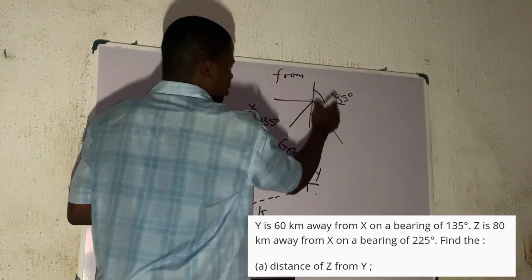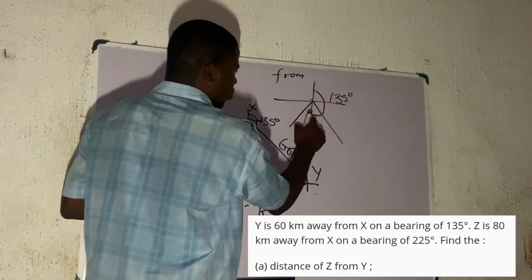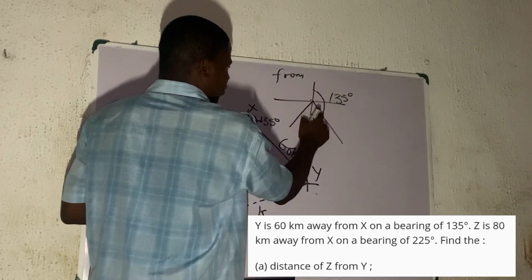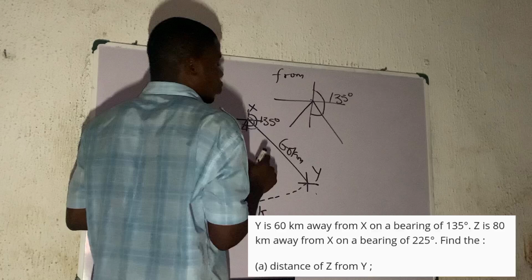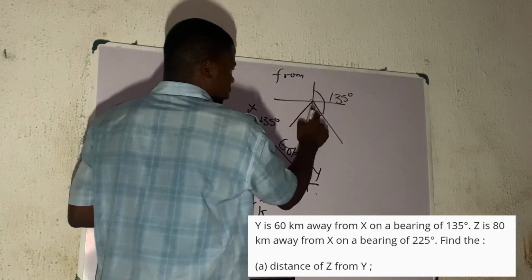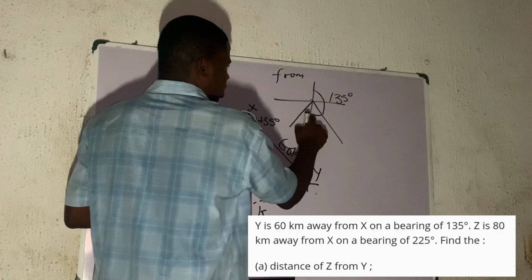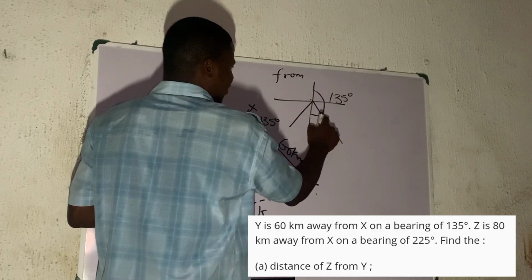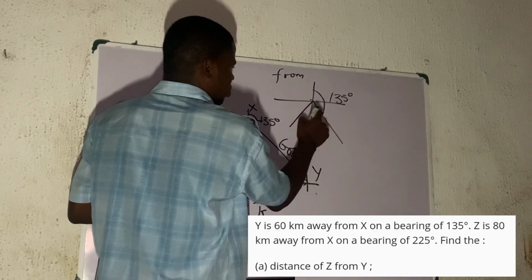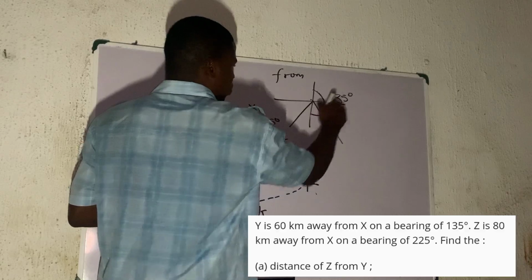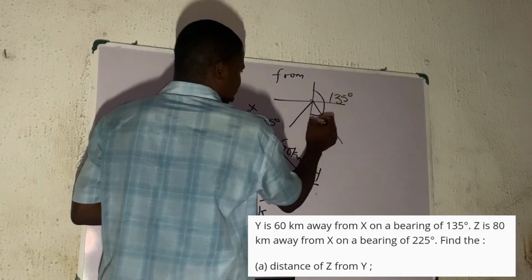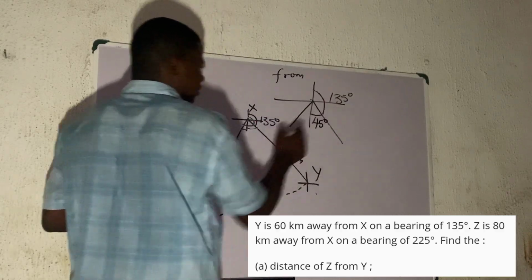We all know that from here to here is 180 degrees, because each and every one of the quadrants is 90 degrees. So 90 plus 90, that's 180. So from here to here has to be 180 degrees. Now, if from here to here is 135 degrees, for you to get this smaller angle, you must do 180 minus 135, which will give us this smaller angle as 45 degrees.